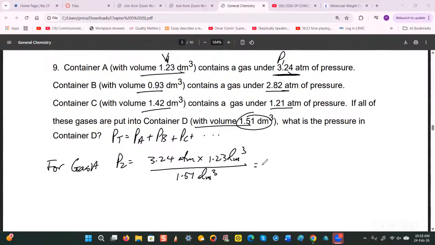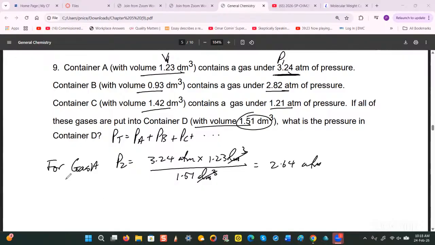So let's see what that gives. 3.24 times 1.23, and then divided by 1.51. And according to my calculation, this works out to be equal to 2.64 atmospheres, because the decimeter cube units will cancel out here and here, all right?